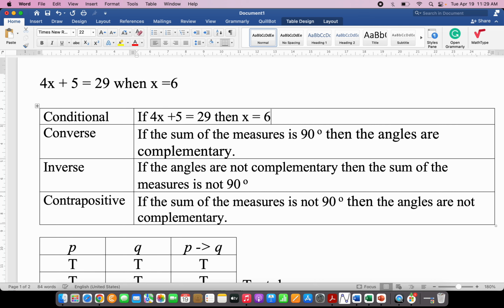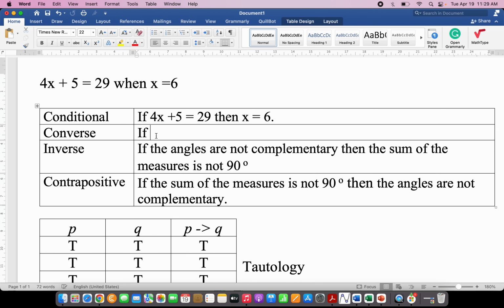Simple as that. Then the converse, if x is equal to 6, then 4x plus 5 is equal to 29.